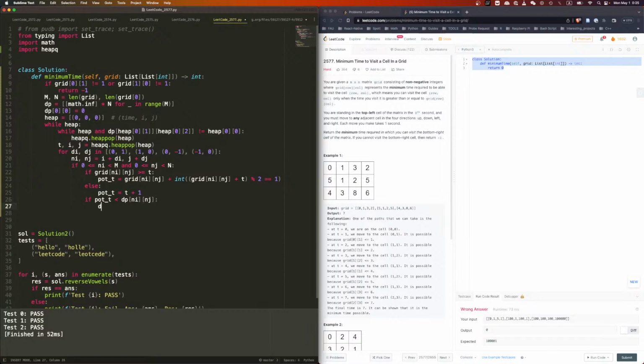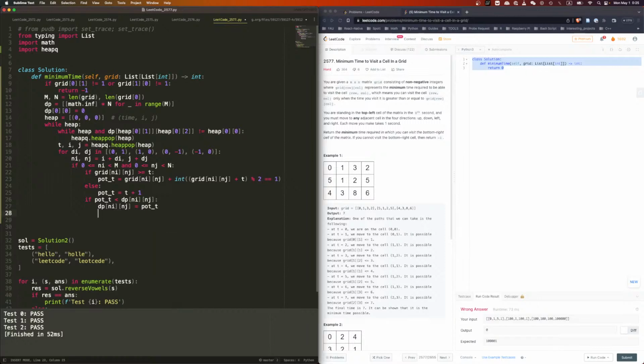Then we will say dp_nij update equal to potential t, and heapq.heappush, we're going to push this one in, potential t, ni, nj, right? I'll push it in. If it's not, then we don't push it in, right? And then we go 4 directions. We push all of them in.